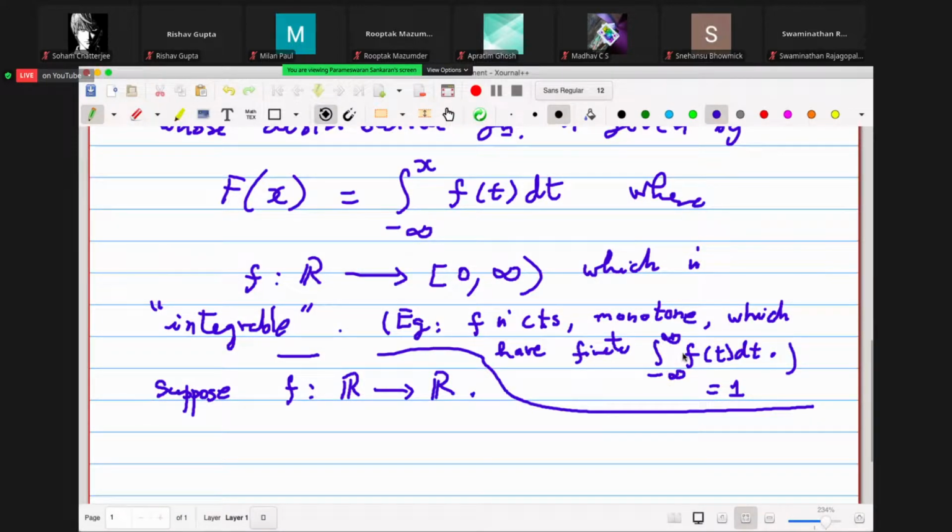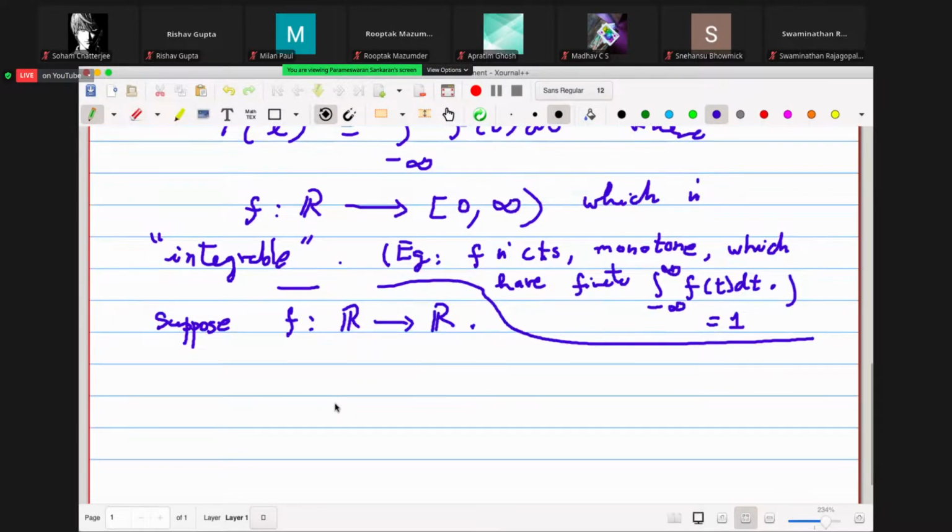This is a bit complicated to say. With finitely many jump discontinuities, for example, then you know how to handle this. So let me not elaborate on this.